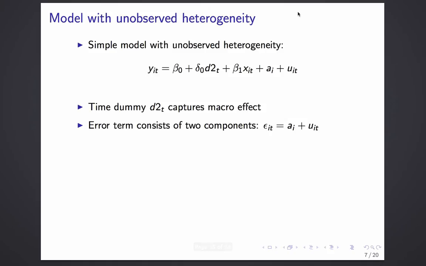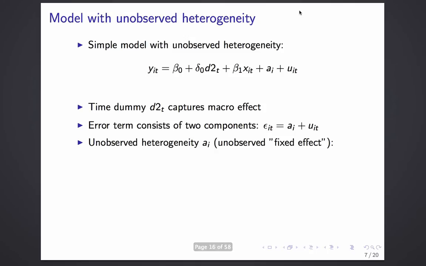Now, what really separates a panel data regression model from an ordinary regression model or a regression model that uses just cross-sectional data is this error term. Here we think of a combined error term that we may call epsilon_it, and it consists of two parts. The first part is a_i, and the second part is u_it. So what is this a_i? Well, a_i is what we call unobserved heterogeneity.